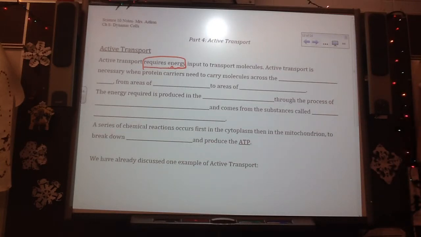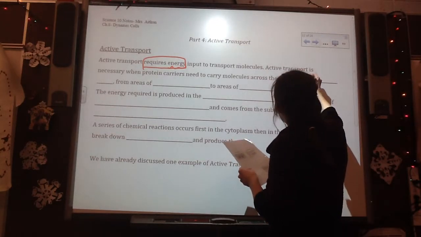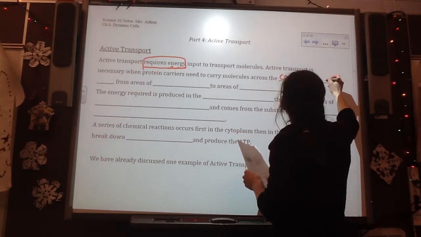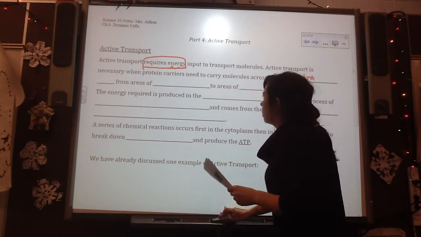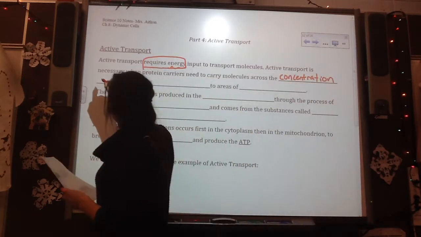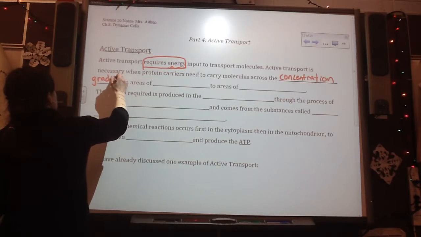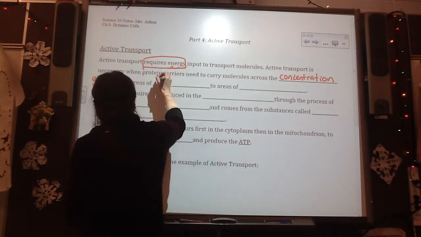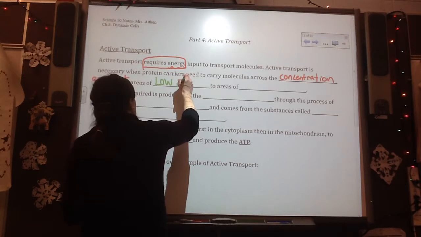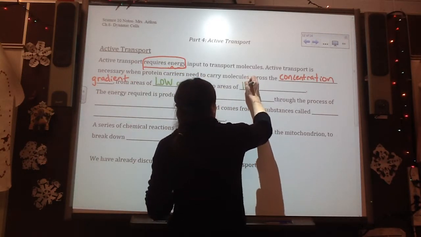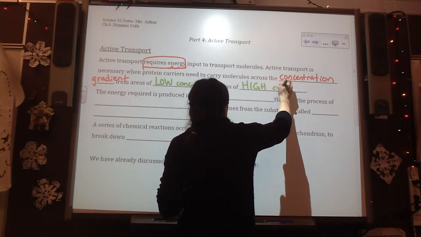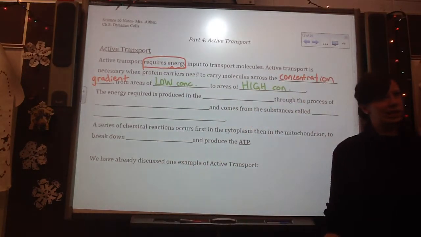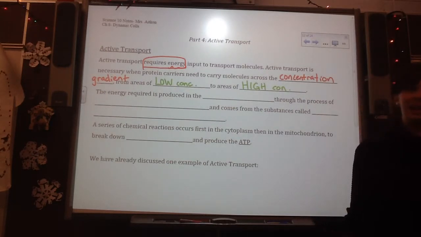Active transport is necessary when protein carriers need to carry molecules across the concentration gradient, from the areas of low concentration to areas of high concentration. What? It's backwards. It is, indeed.